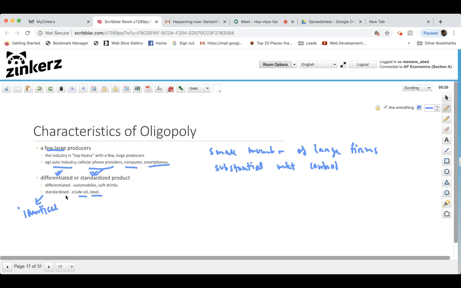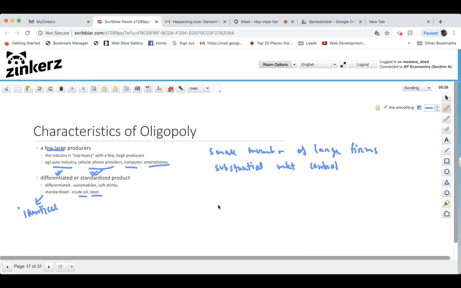And differentiated products, they tend to focus on consumer goods that satisfy the needs of consumers. Examples of these types of oligopolies would be the automobile industry, because we want variety in the type of cars that we see in the market.